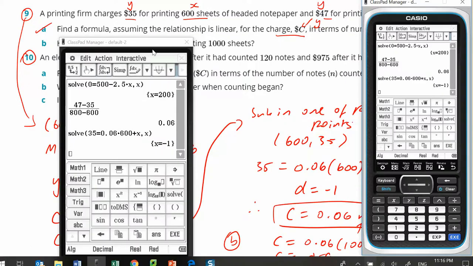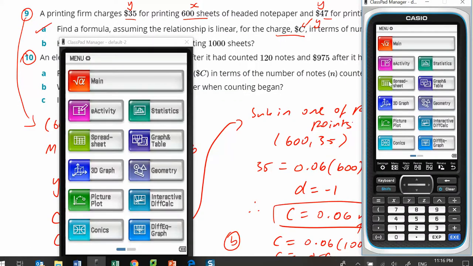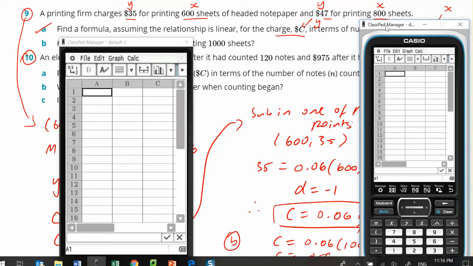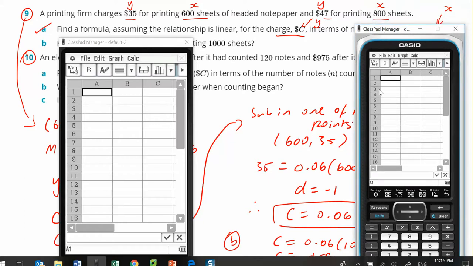So the shorter way is if you go to menu and you go spreadsheets. For the first column, you're going to put in your x values. So you've got 600 and you've got 800.